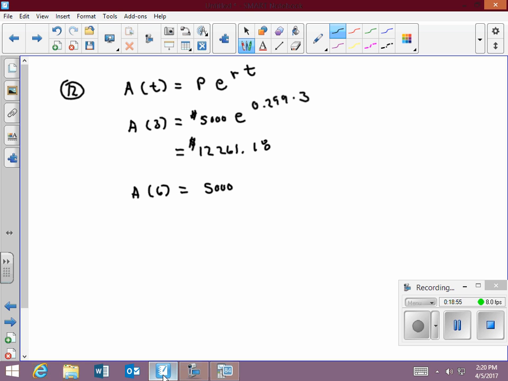You could either do another A of 3, or you could do an A of 3 with the principal of 12,261.18 times e to the 0.299 times 3. Whichever way you'd want to do it.